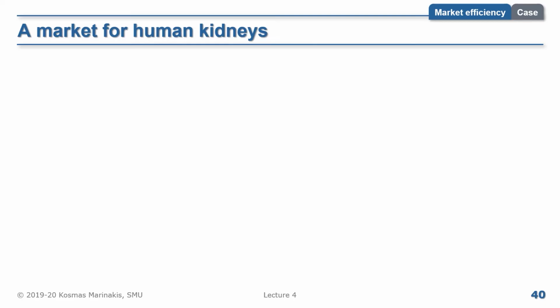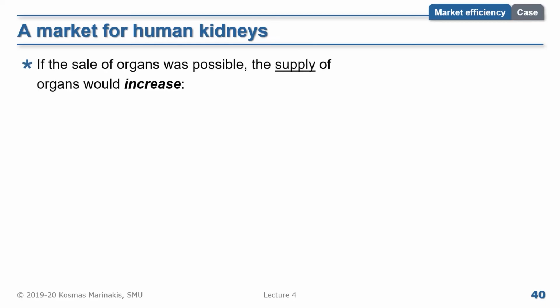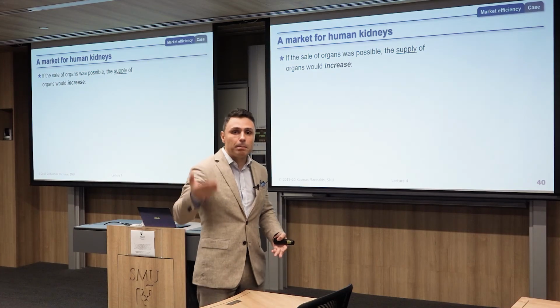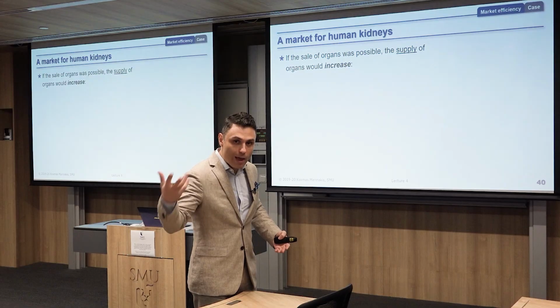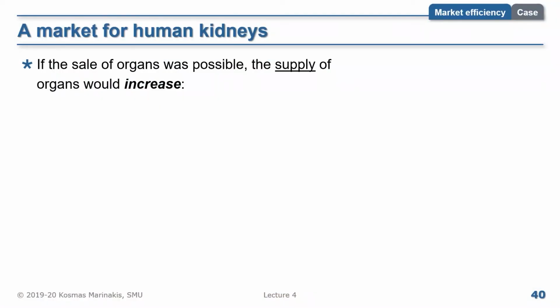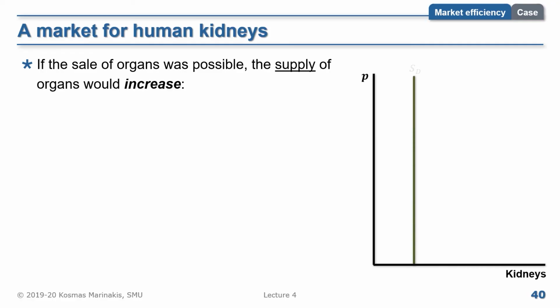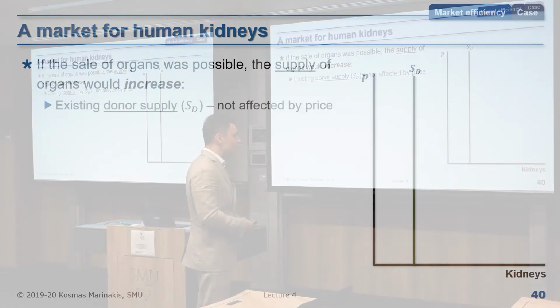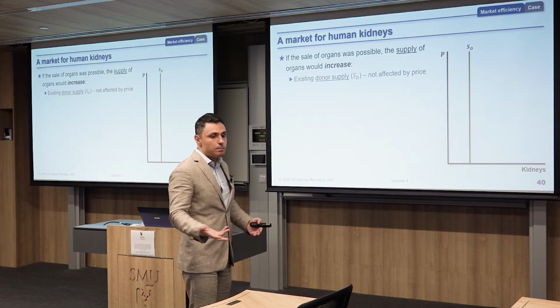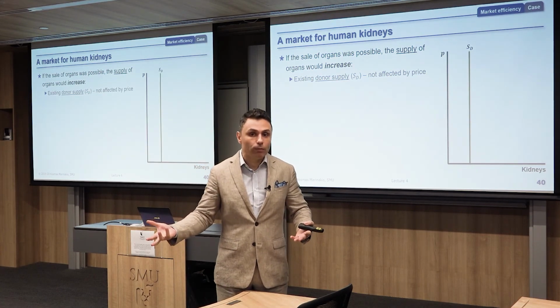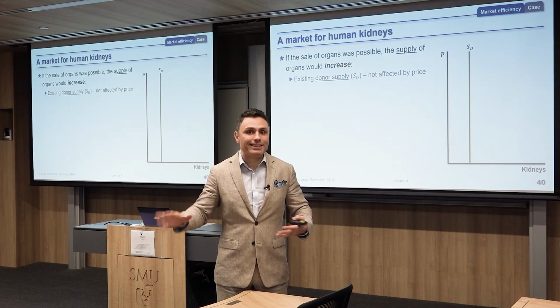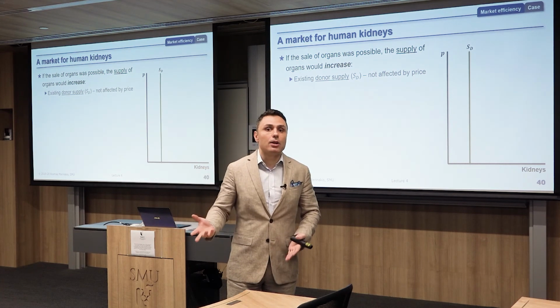Okay, so if the sale of organs was possible, the supply of organs would definitely increase, because you already have a supply of donors, and you should expect that a supply of sellers would also emerge, and therefore the total supply will go up. So let's put that in a graph. This is the supply of donors right now. It's totally vertical just because the donors are nice people or dead, and they do not care much about the price.